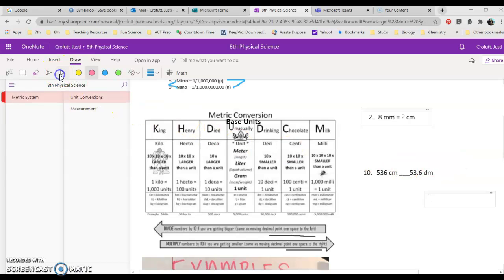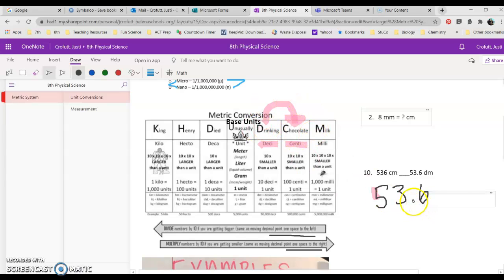Decimeters is going to be our given, and we're going to convert it to centimeters. Decimeters is right here, and centimeters is our target unit right here. So we move our decimal 1 to the right. We had 53.6 decimeters.